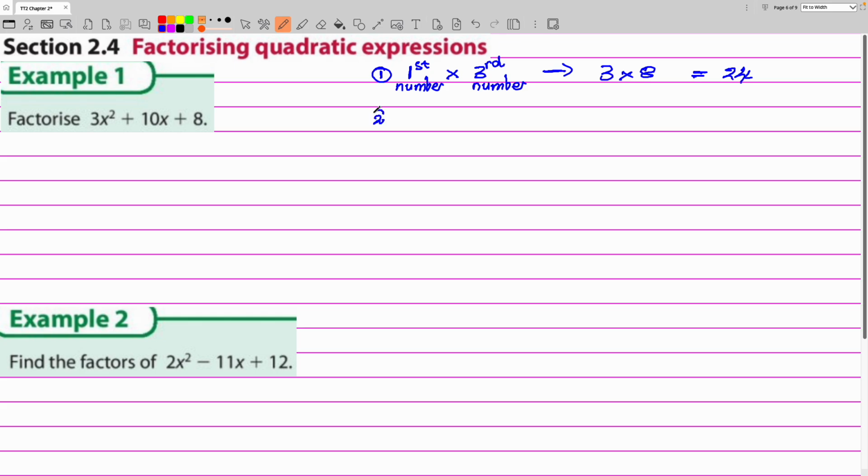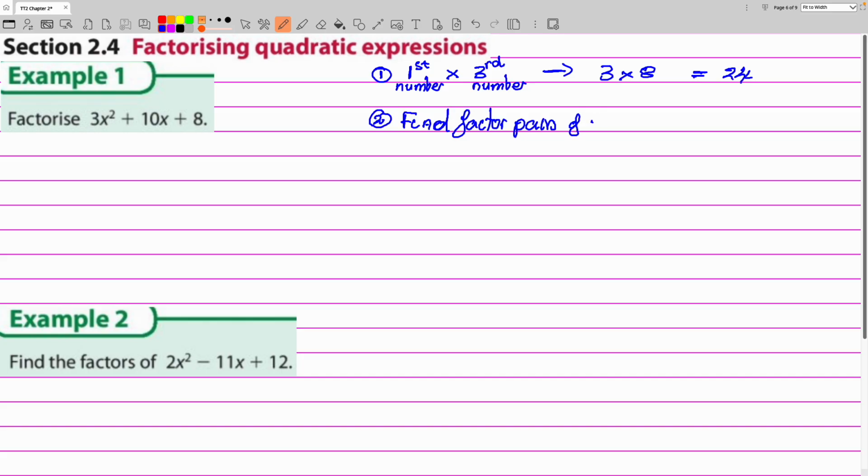Line number 2. Find factor pairs. Well, have a guess. Find factor pairs of what? Of the number just found.